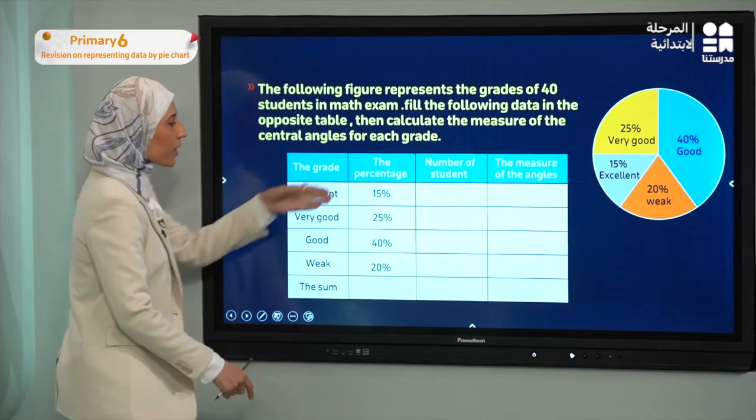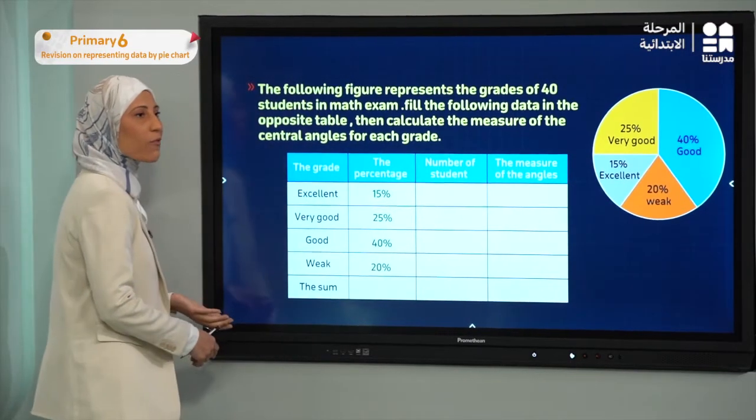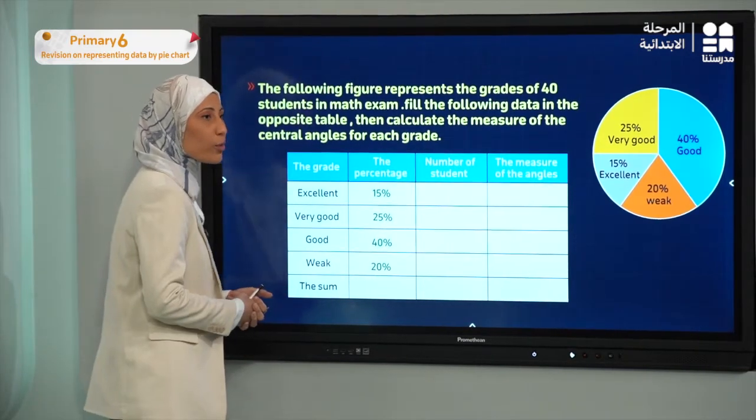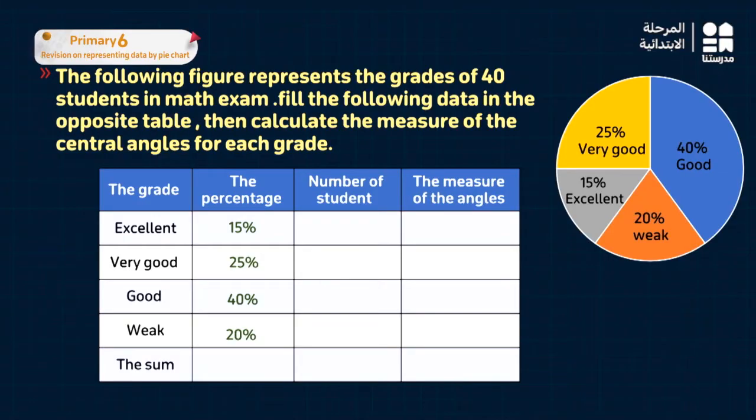If you add the percentages, you're supposed to have 100%. So if you add 15, 25, 40, 20, you will have 100%.